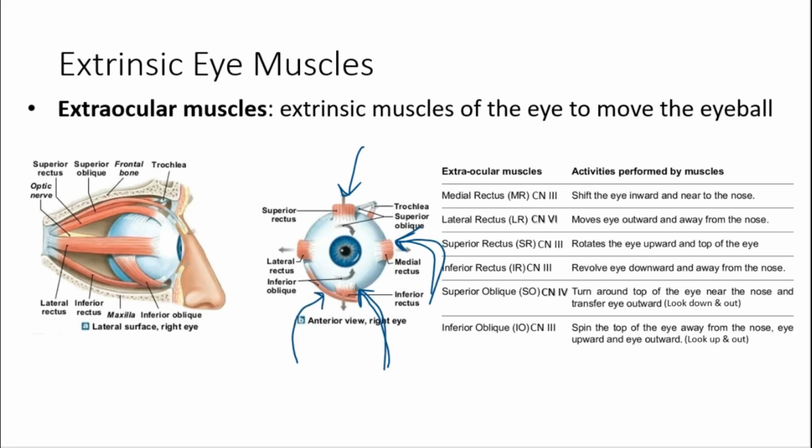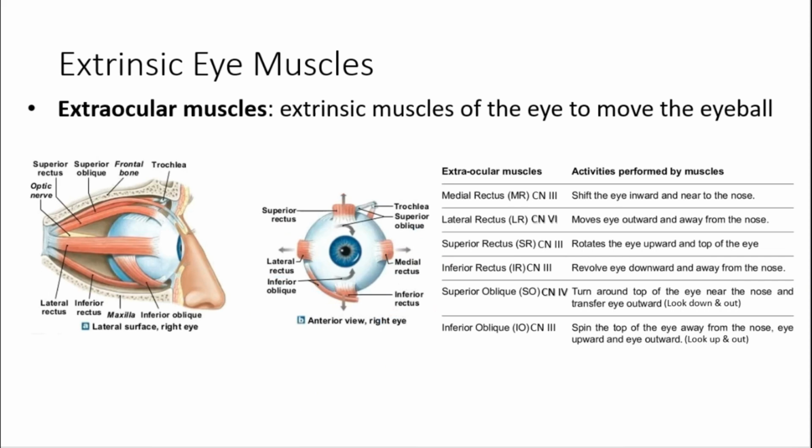I drew a wrong arrow, so let me say it one more time: superior rectus, inferior rectus, medial rectus, and the inferior oblique are innervated by cranial nerve number 3, the oculomotor nerve, which I also have on the table here to the side as a reminder.